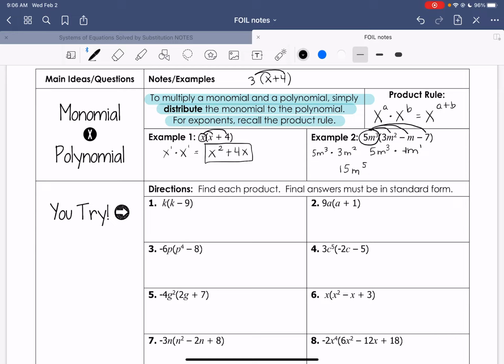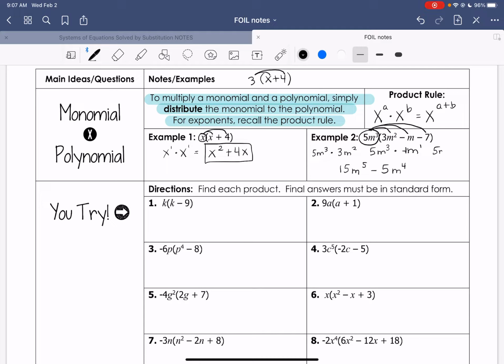So when we multiply that, we're going to get 5 times negative 1, which is negative 5. And then m to the third times m to the first is m to the 4th power, because we have to add those exponents. And our last multiplication is 5m cubed times negative 7.